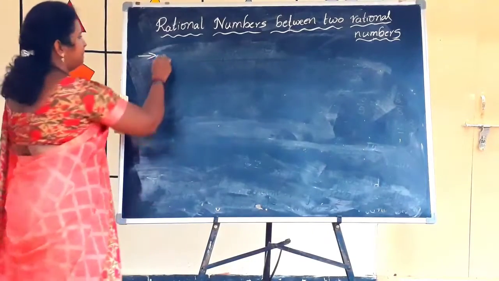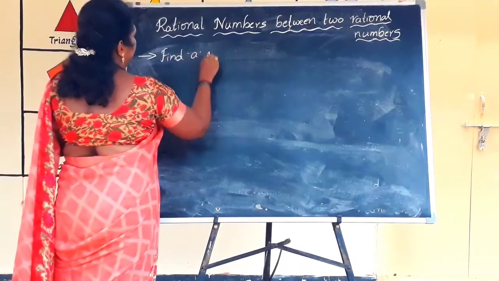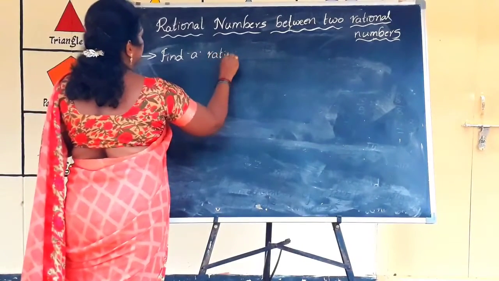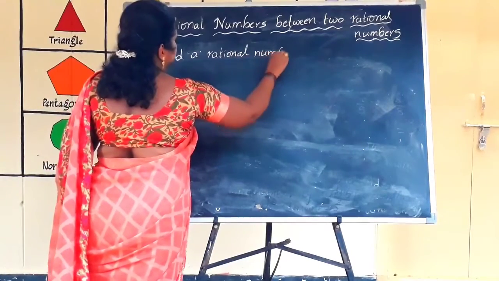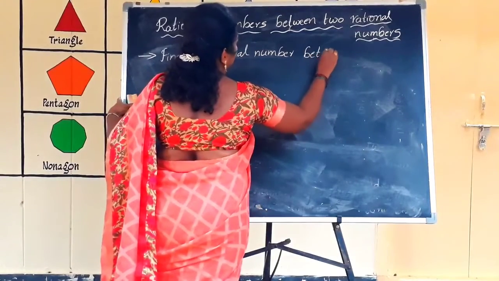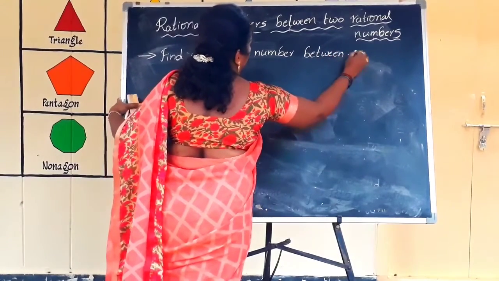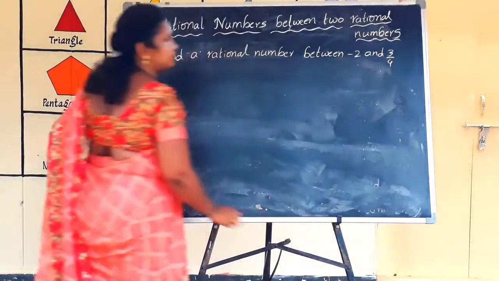Find a rational number between -2 and 3 by 4.